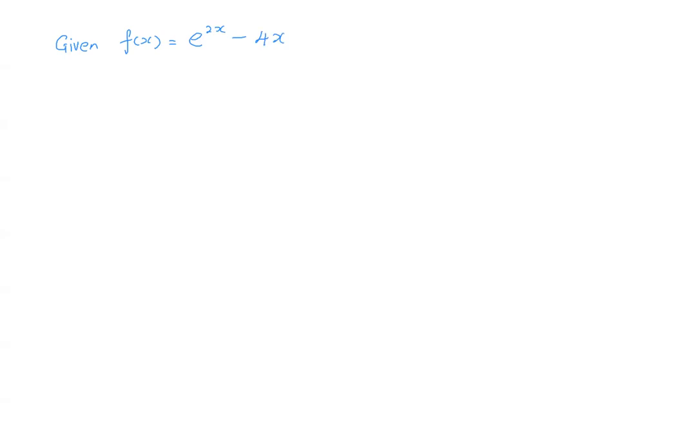Okay, so I want you to find the equation of a horizontal tangent to the curve y equal to f(x). Now there's something extra. So I don't even give you a point, but this is a very special tangent.